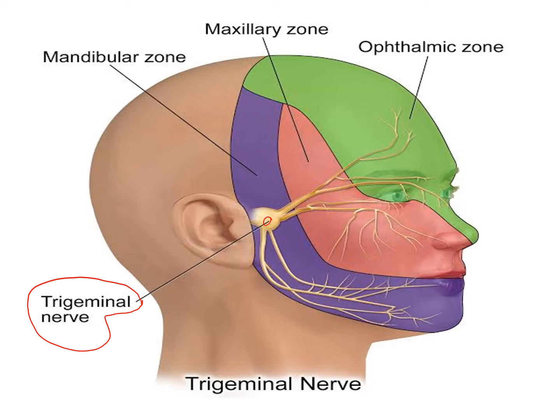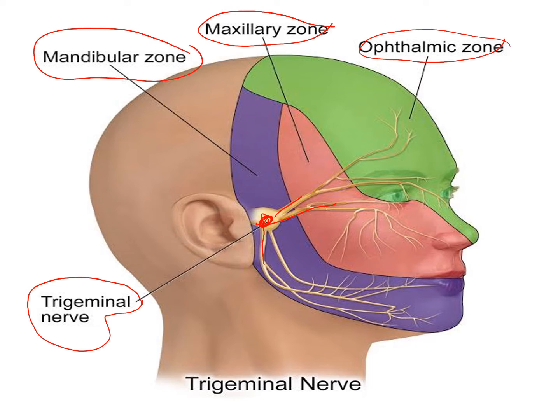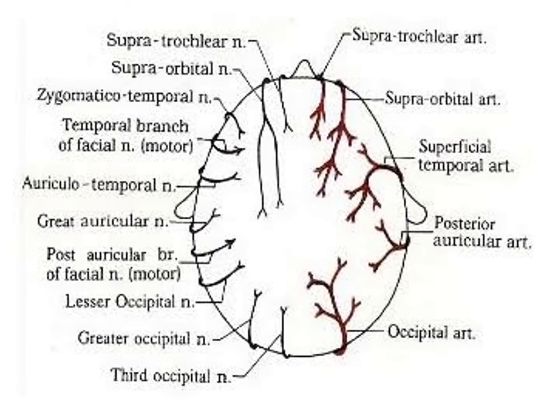So the trigeminal nerve via its three divisions, that is the ophthalmic division, the maxillary division and the mandibular division, will give sensory supply to the scalp. The scalp is also supplied by the cervical plexus. Let's study them in detail.